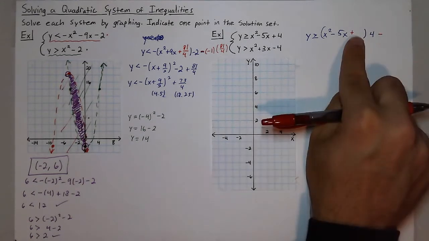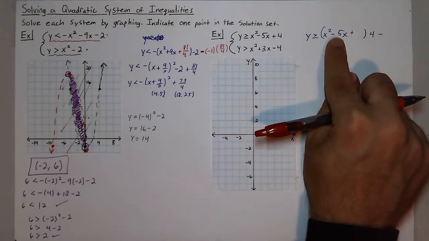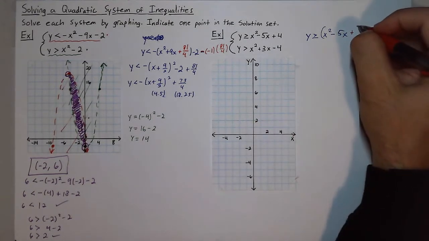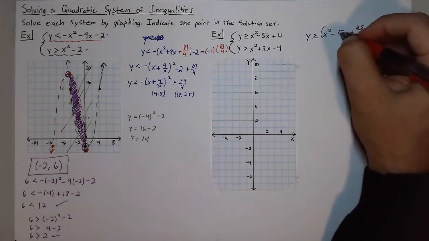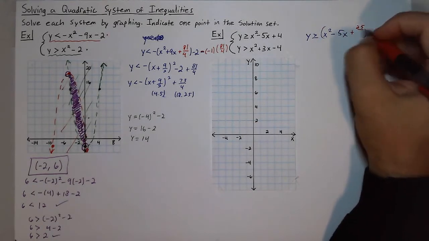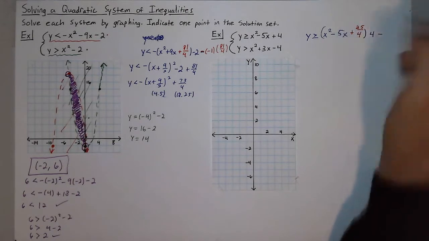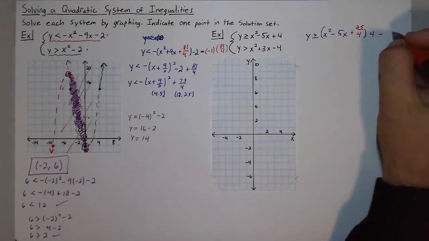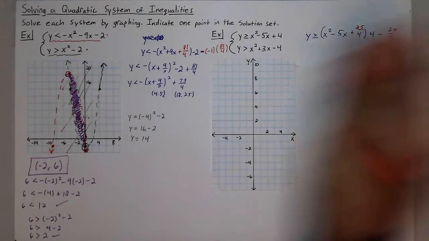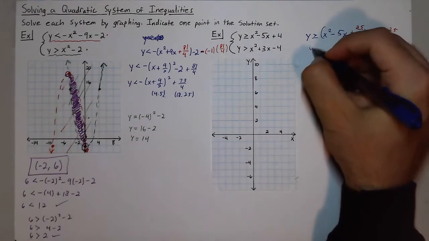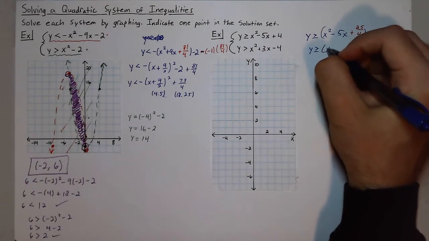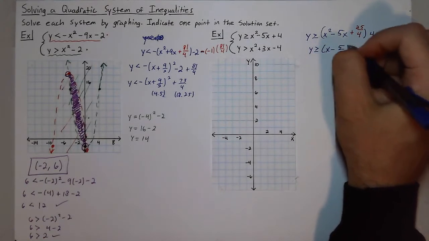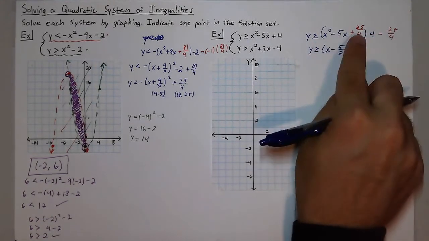But the number I'm adding is half of -5 squared. So -5 squared is 25. And it would be -5 halves because half of that. And so 2 squared would be 4. So I'm adding 25 fourths to complete the square. So I'll also subtract 25 fourths. So now I get y is greater than or equal to x minus 5 halves squared to complete the square.